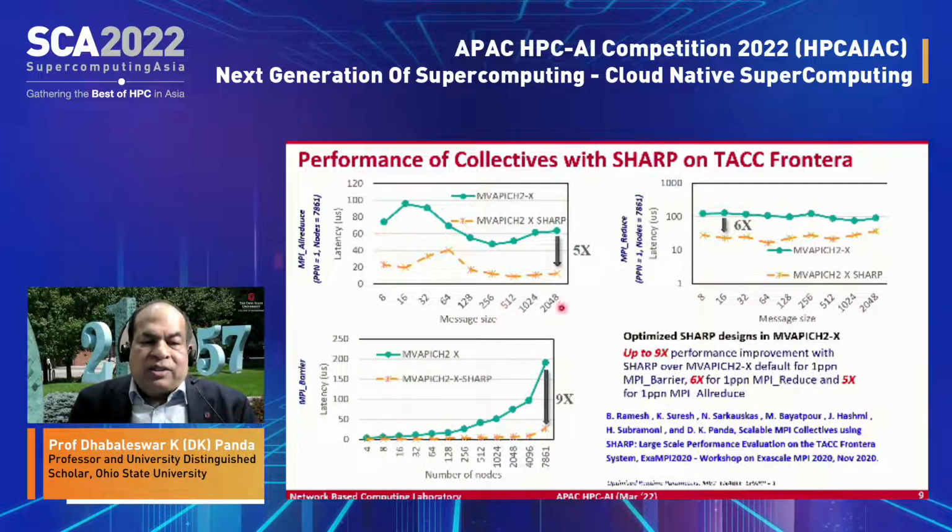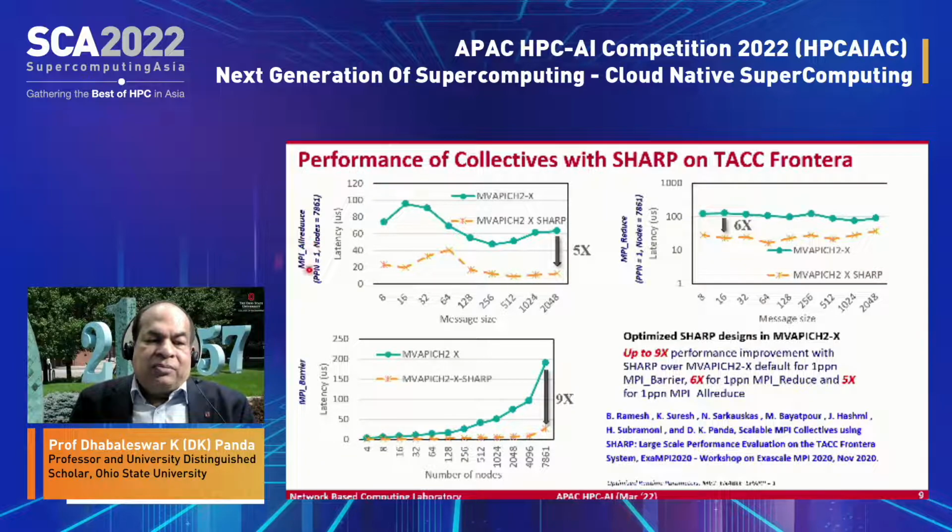Here, if you see these numbers, we have taken TACC Frontera, one of the very largest systems. As you can see, the number of nodes at the time we took these experiments was very close to 8,000 nodes. The top line is the software approach, and then here we have done the tight integration with SHARP.